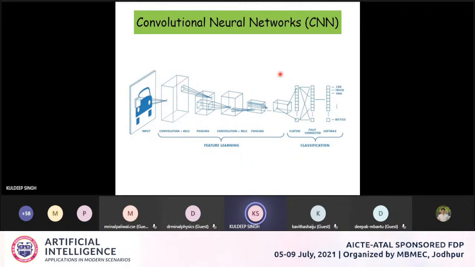As you must be aware, we have different types of filters in image processing, the edge detection filters, the Sobel operators. Those types of filters are applied here on the image so that we can extract the edges and lines.